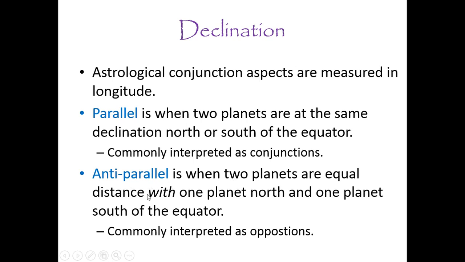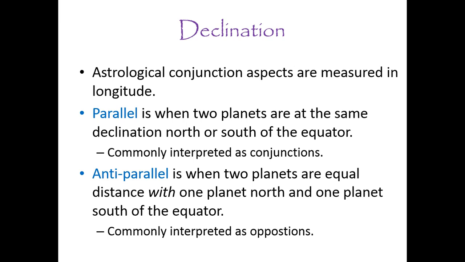That means two planets are an equal distance with one planet north and one planet south of the equator. For instance, Mercury can be 10 degrees above the equator in declination, and Mars 10 degrees below the equator in declination. In astrology, that's commonly interpreted as oppositions.